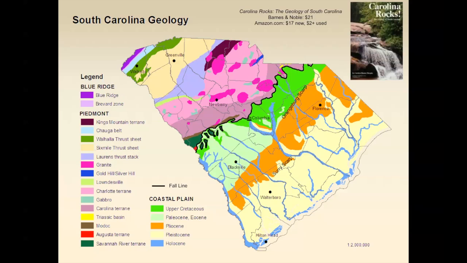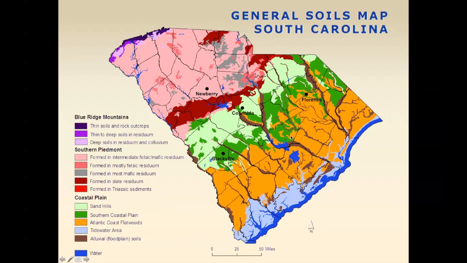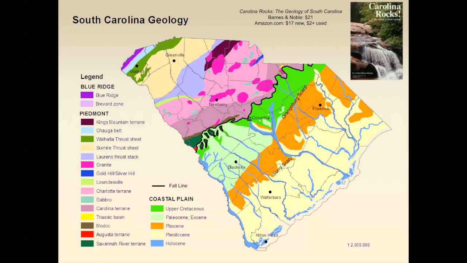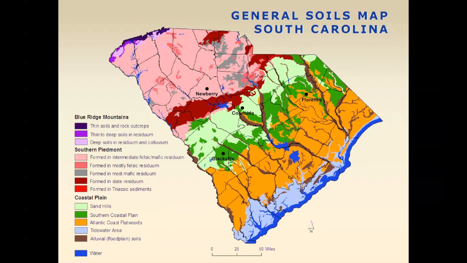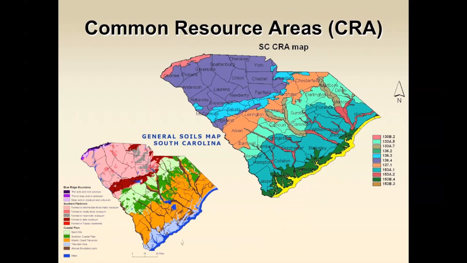And then the lower coastal plain over here is also sand, but mainly water deposited. So if you look at those and then compare them to the general soils map, you can see there's a remarkable similarity between those.